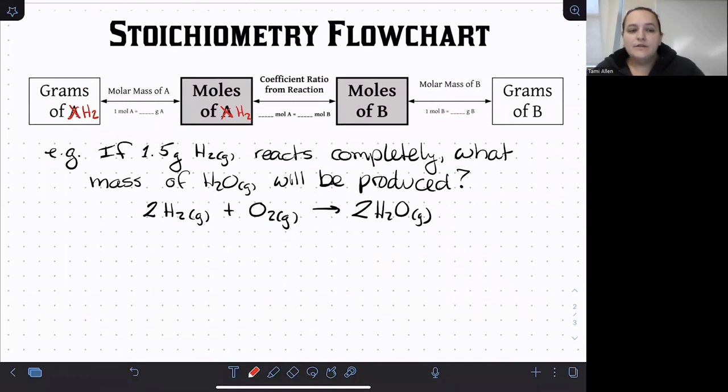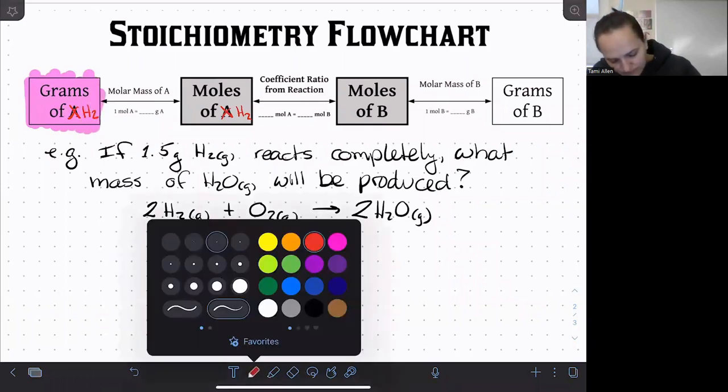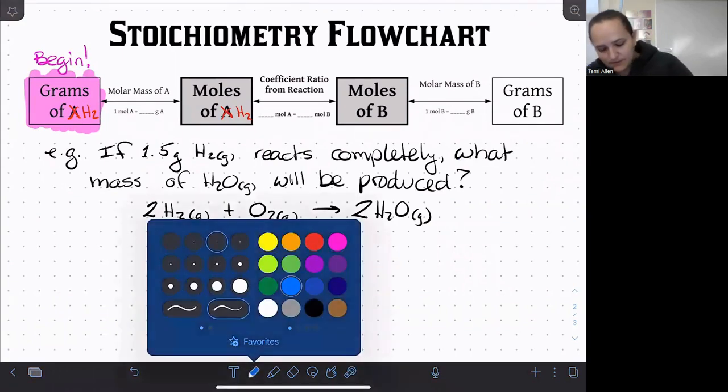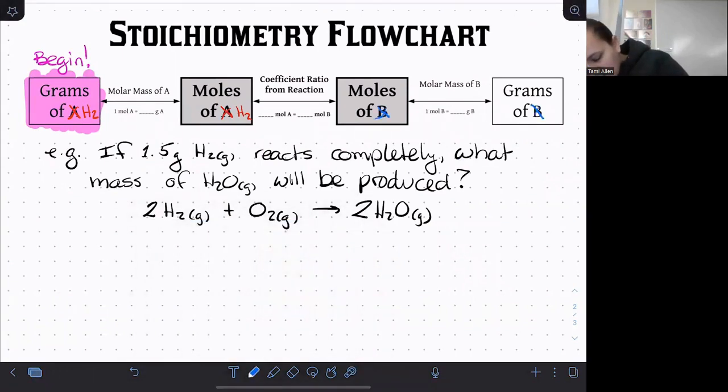We're starting with grams of hydrogen. So we're starting out over here. Begin. And what we want to know is what mass of water. So we're looking to end up in grams of water. So for this problem, let's call B in our little flowchart water. So that means that we want to end up over here.